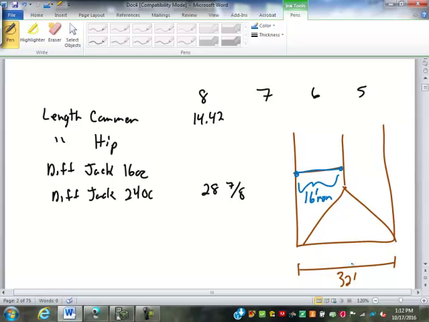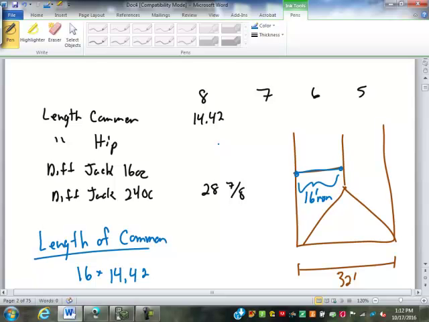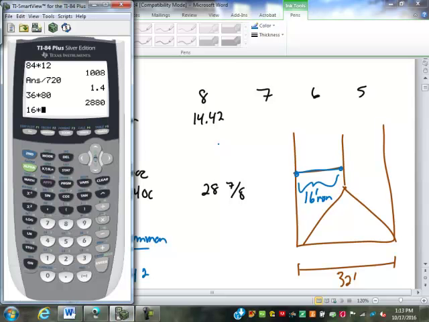Half the span, right? Half the 32 feet. So that common rafter has 16 feet of run. So the length of the common is going to be the feet of run, 16 times 14.42, which gives us 230.72.